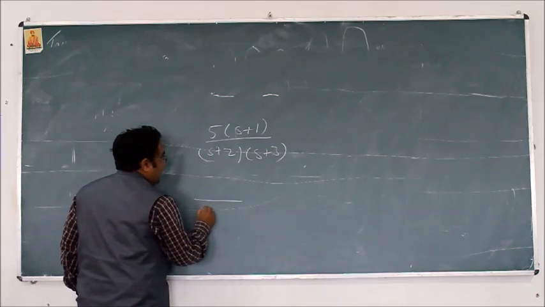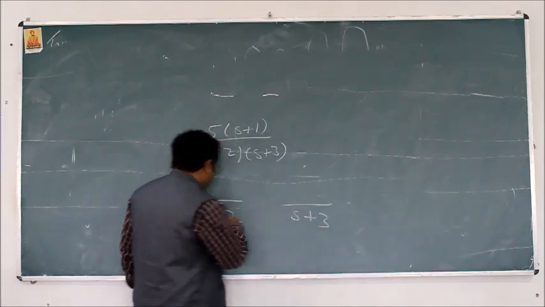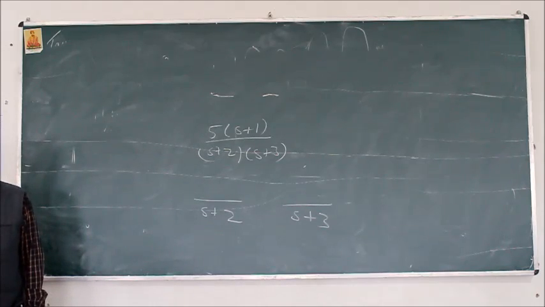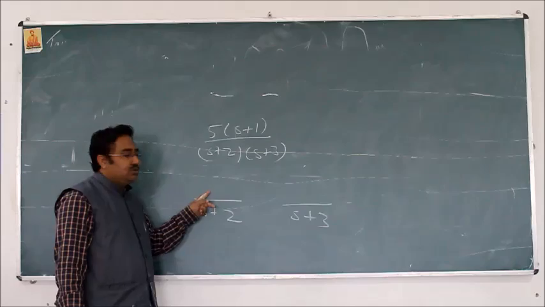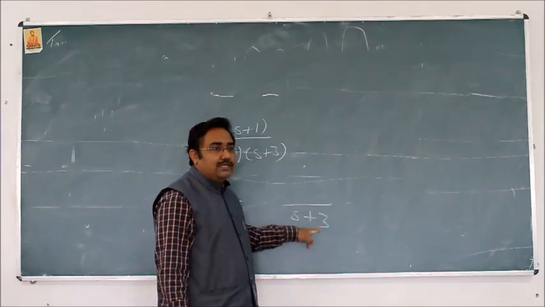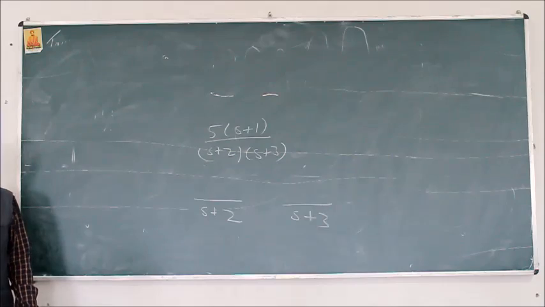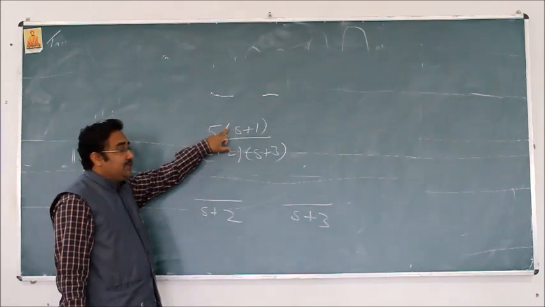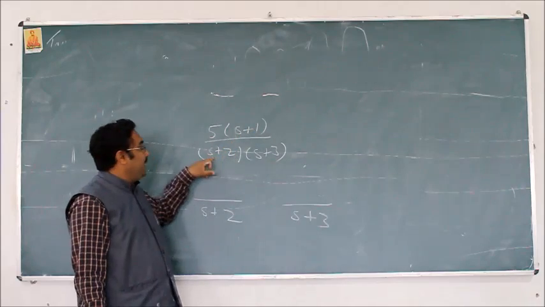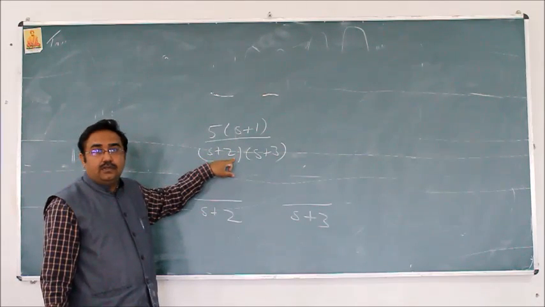You will say there are two poles, s plus 2 and s plus 3. Now the coefficient attached to s plus 2 is called its residue, while another residue will be associated with s plus 3. How do you determine the residue of s plus 2? By substituting s equal to minus 2 in this expression at all terms except s plus 2.